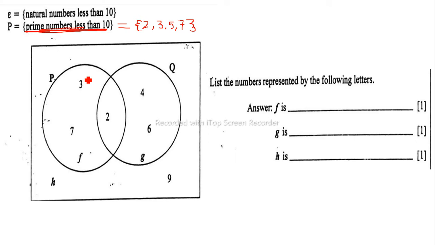Now, in P, what number is missing? We have the 2. We have the 3. We have the 7. We don't have 5. So F is 5. Okay, this is a nice question.